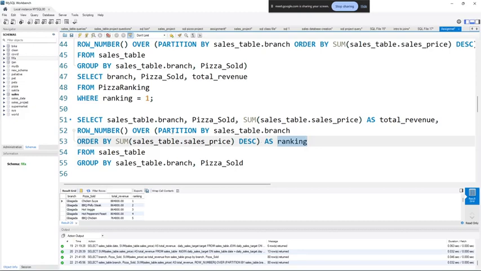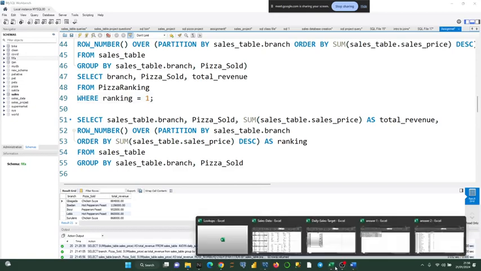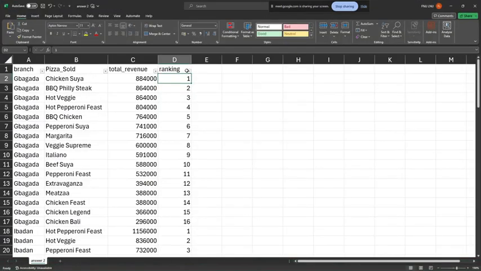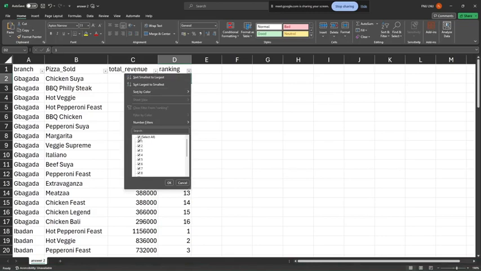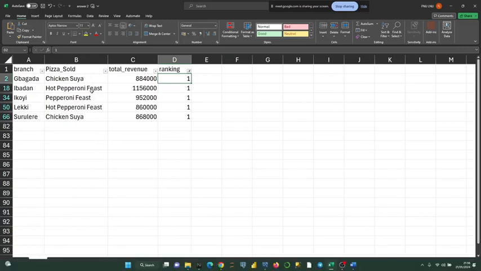So that is what I have inside my CTE, including that ranking. Then from that CTE that I created, I was able to generate what I needed. I was able to filter it out. And if you look at this now, if I run this, have you seen it? Dagada chicken suya. If I go to my Excel and I take one, Dagada chicken suya, Ibadan hot pepperoni feast.